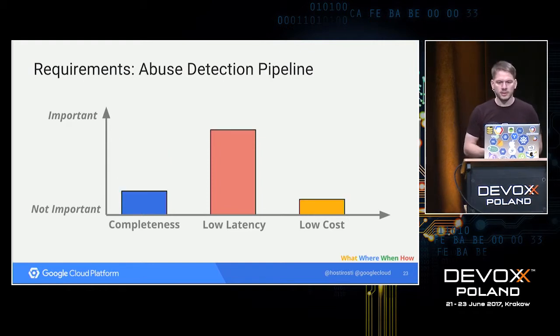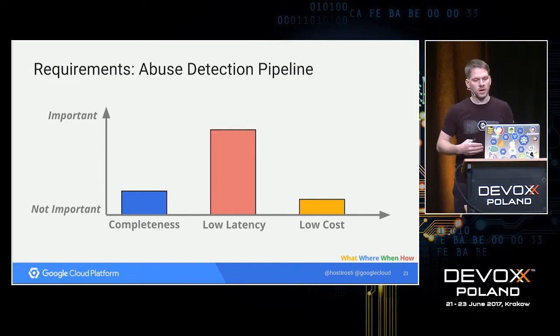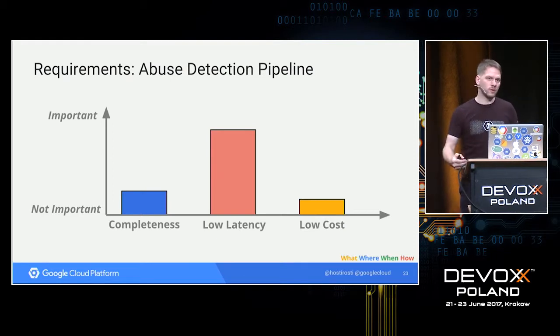And last but not least, the abuse detection pipeline. This is really important to save money that you would otherwise lose in your business by preventing users from abusing your system. There, completeness is not that important.